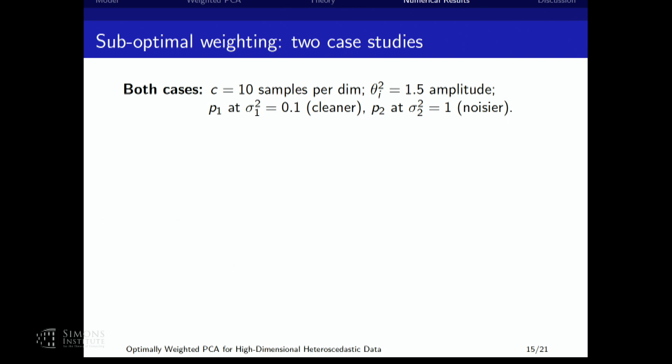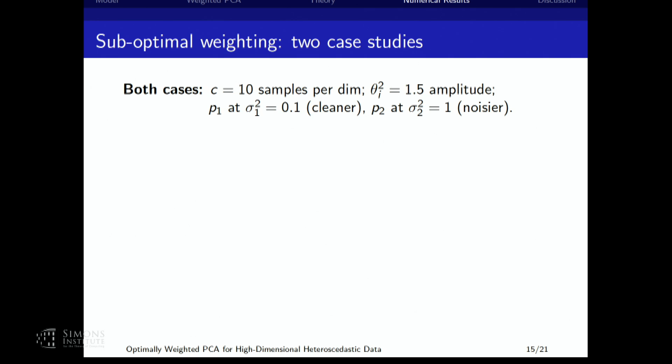So let's go through a few different numerical results now. I'm going to basically showcase to you what types of conclusions we can draw from the theorem I showed you earlier, and the asymptotic optimality of the weights I showed. So in this case, I'm going to show two case studies.